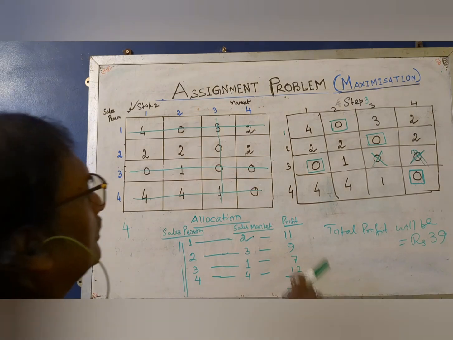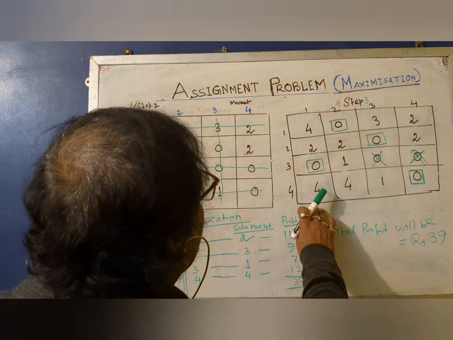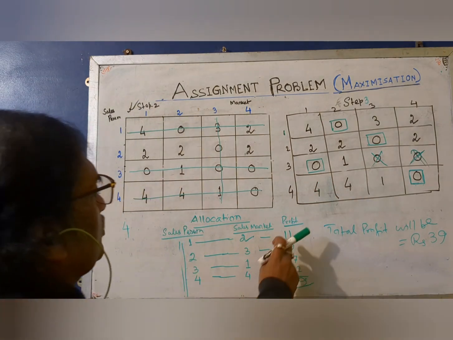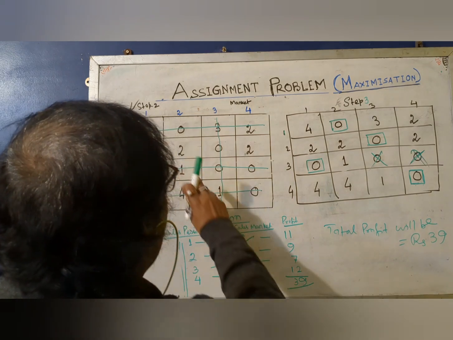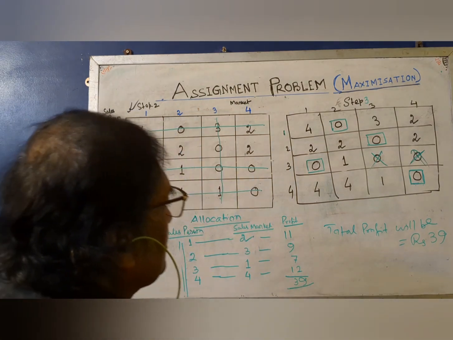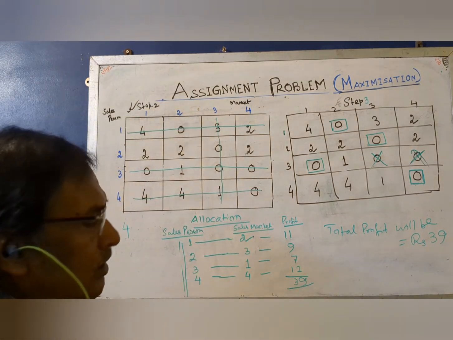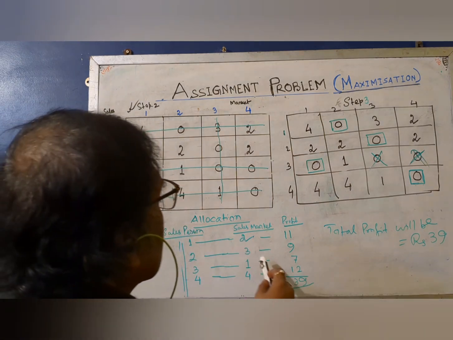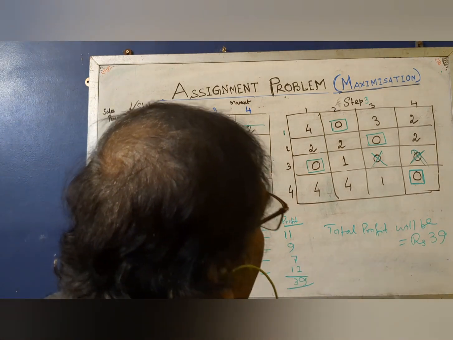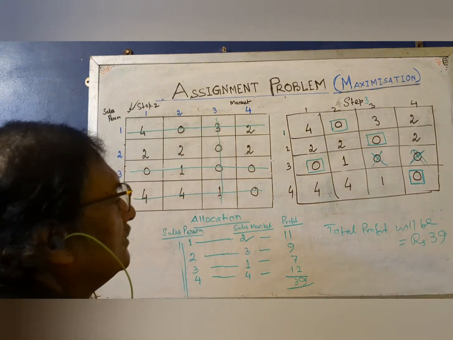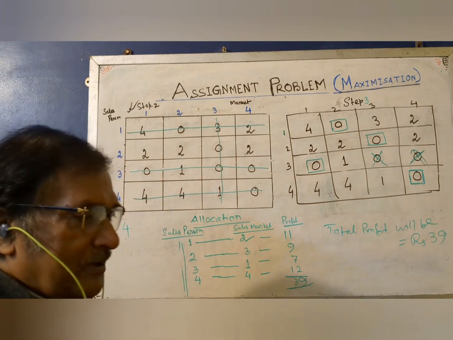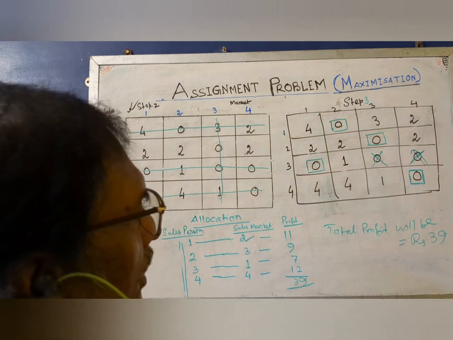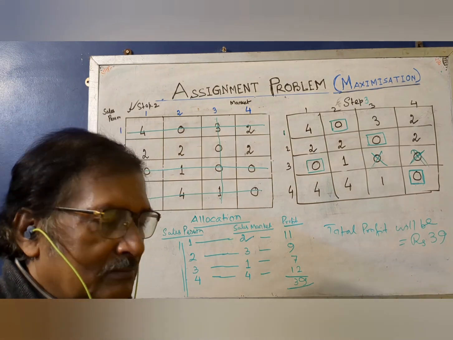But be careful, after completing the allocations, you put the profit value, not the loss values, because it is asked what will be the maximum profit. That means this is the best allocation, but corresponding to profit you will get from the original table, and from that you can calculate the maximum profit. This is all about to solve the maximization problem.